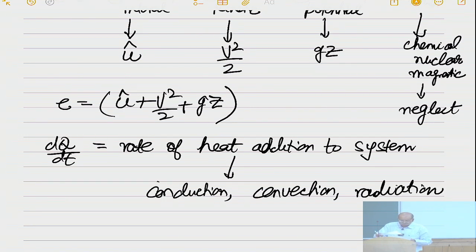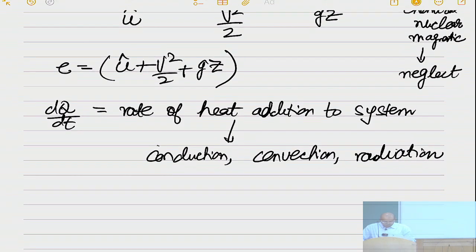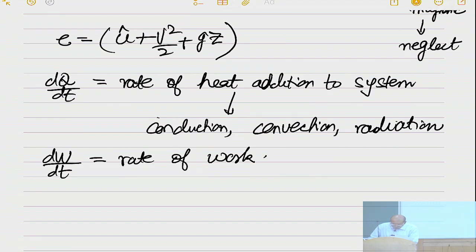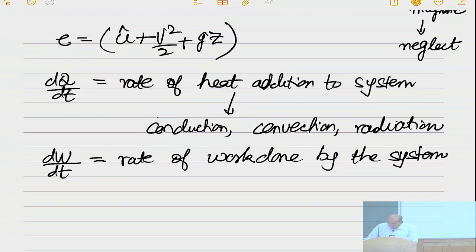So the heat added could be by these things, and dW by dt is the rate of work done by the system, and this we will also call W dot.